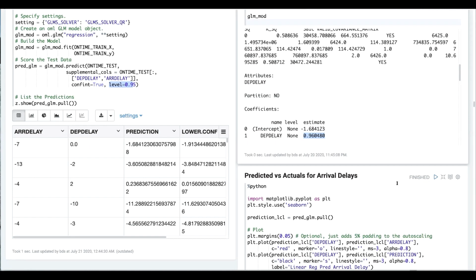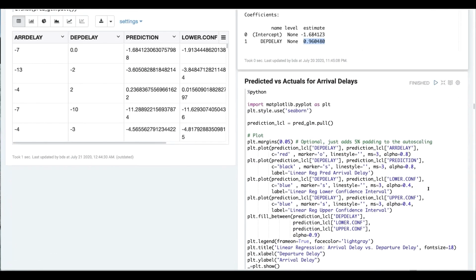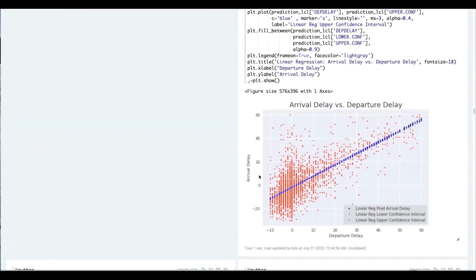So to have a visualization of what that looks like, I am plotting here the arrival delay, departure delay, and the regression line. This is what our model thought would be the best representation for trying to predict the arrival delay.